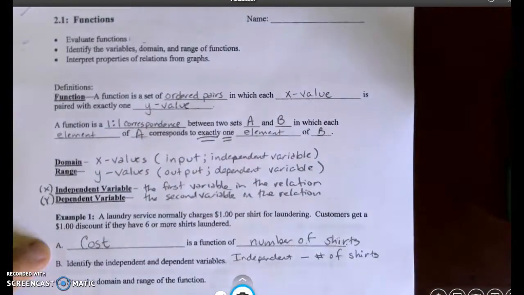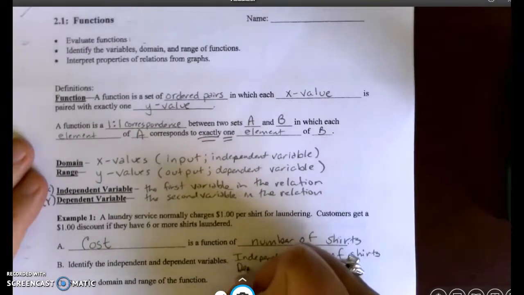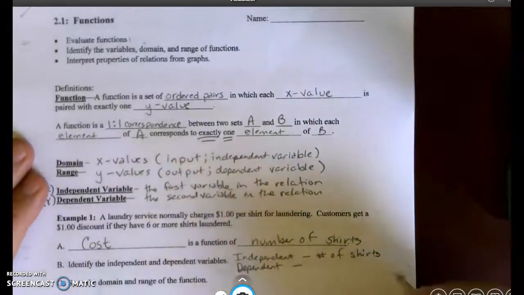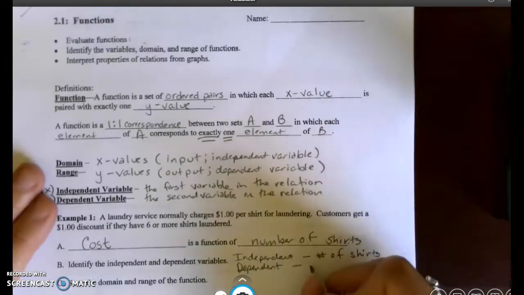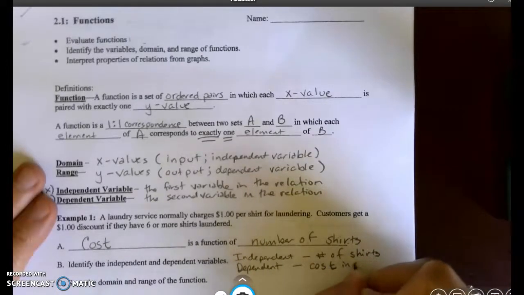Because when you walk into the laundry service, you don't hand them the money first thing. You hand them the shirts. That's independent. Then they tell you what you owe them. That's the dependent. So when you're trying to figure out which one's independent and which one's dependent, think about what has to happen first. So this is cost, and that's measured in dollars.